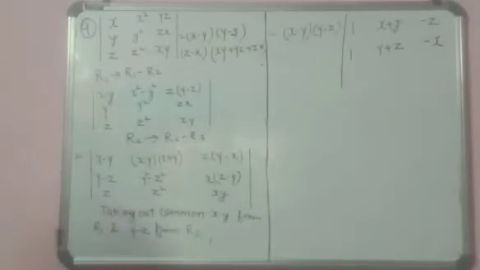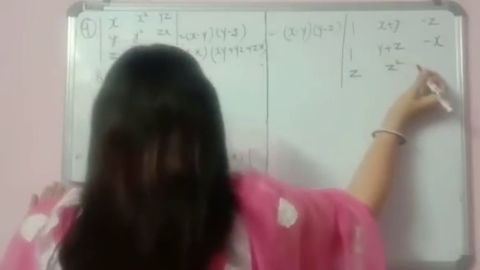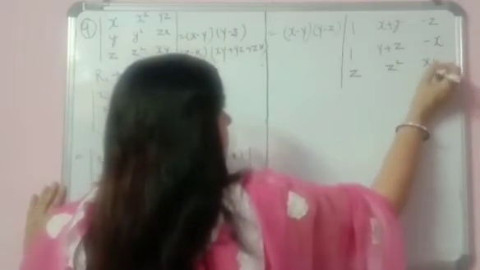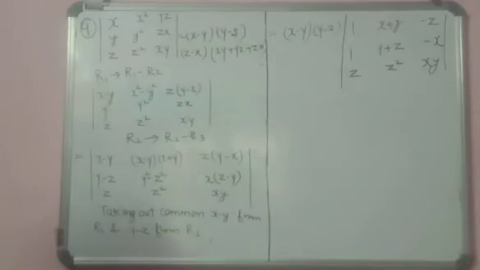Okay, then last one z square and xy. So now you are left with x minus y, y minus z.